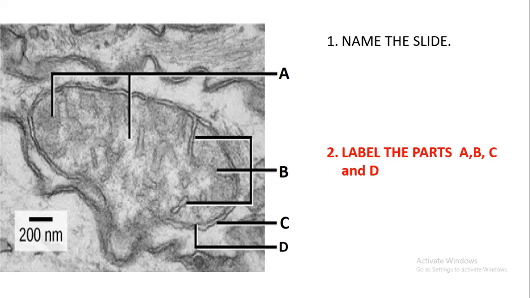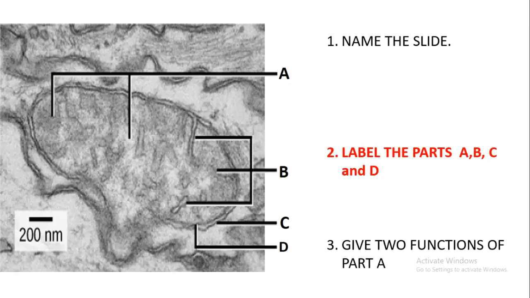Then the other thing that you need to understand is labeling these parts. So you have A, B, C, and D. I'm encouraging you to go and research what is A, what is B, what is C, and what is D. Then you also give two functions of the part marked A. This is the mitochondria which has been examined.